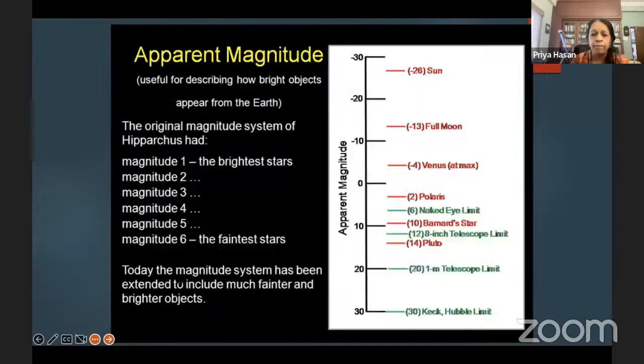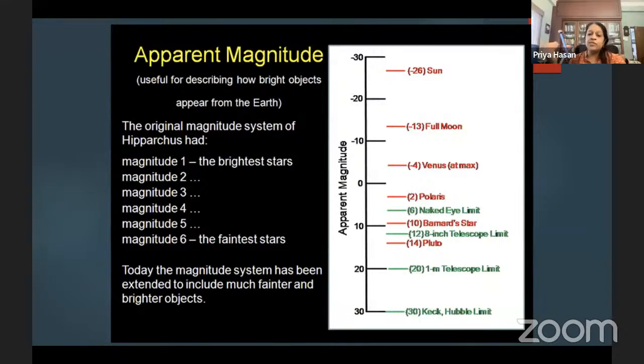Let us go ahead. The other thing which we need to remember is, in the magnitude scale, there is what is called apparent magnitude, right? Apparent magnitude is obviously the brightness that the object shows to us. And the important factor in apparent magnitude is the distance factor.